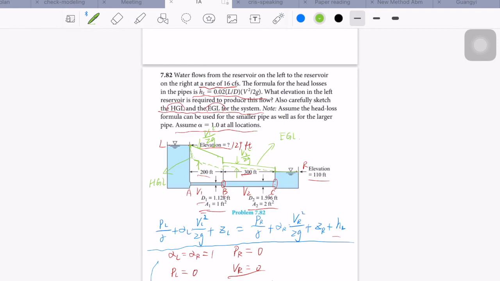And we know at this right water surface, the EGL and the HGL are at the same elevation. So this is the EGL and HGL. So we finished this problem.